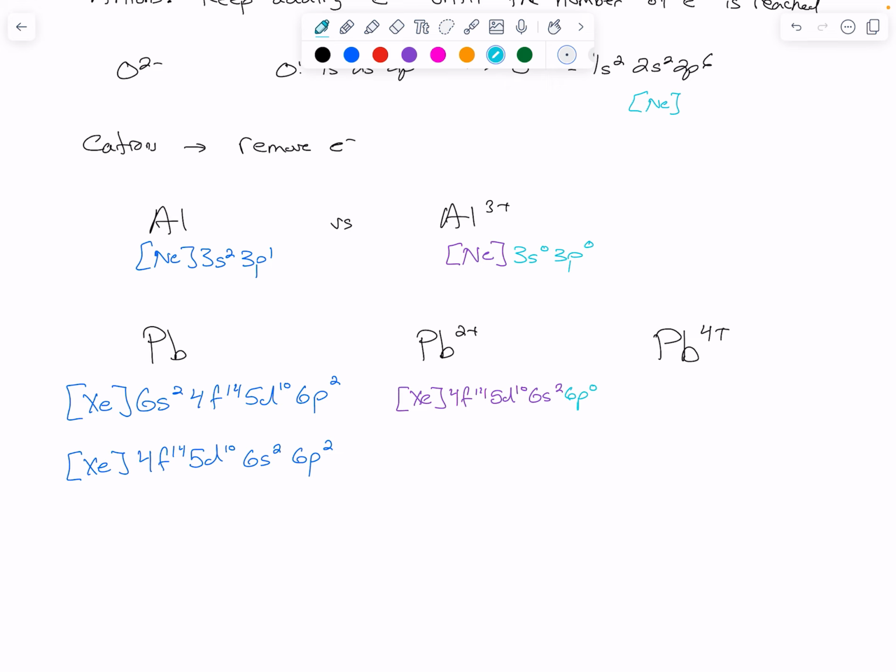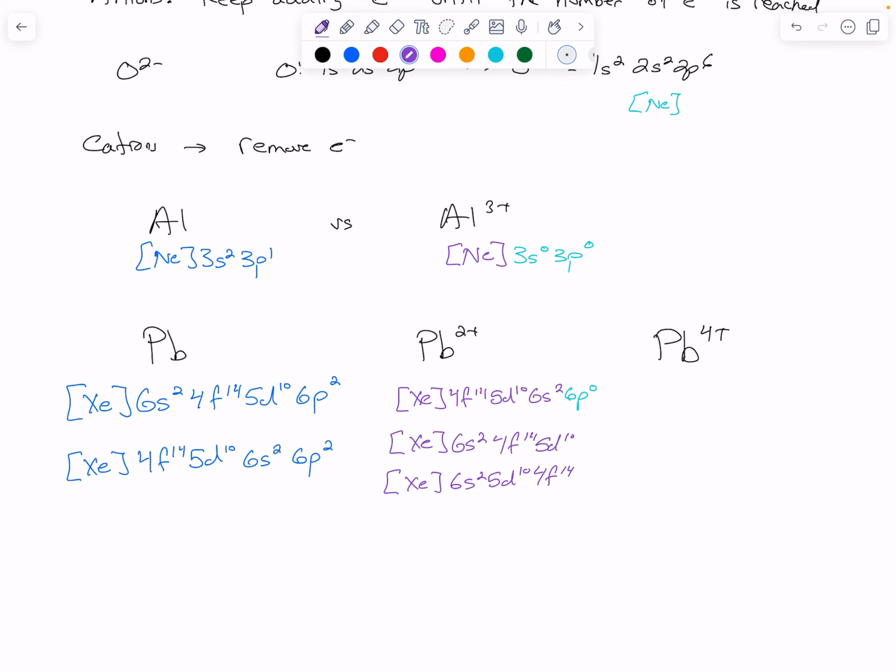Now, if you write it 6s2, 4f14, 5d10, 6p0, or not even the 6p, I'm happy. If you write it 6s2, 5d10, 4f14, I'm happy. I'll be able to read that. I'm not that picky on it.